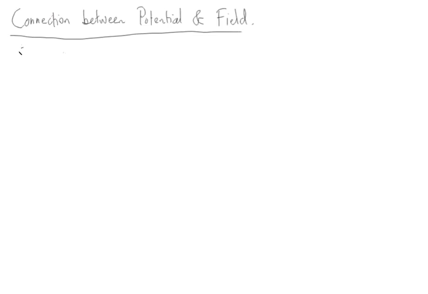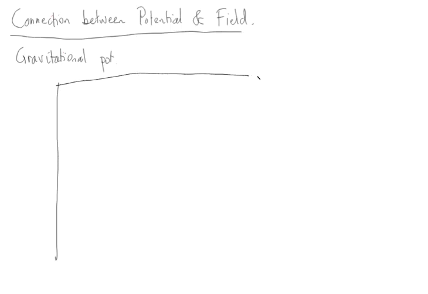Now we're going to take the example of gravitational potential, but you can do the same with electrical potential. It turns out that if we have the graph of gravitational potential against distance, then it looks something like this.